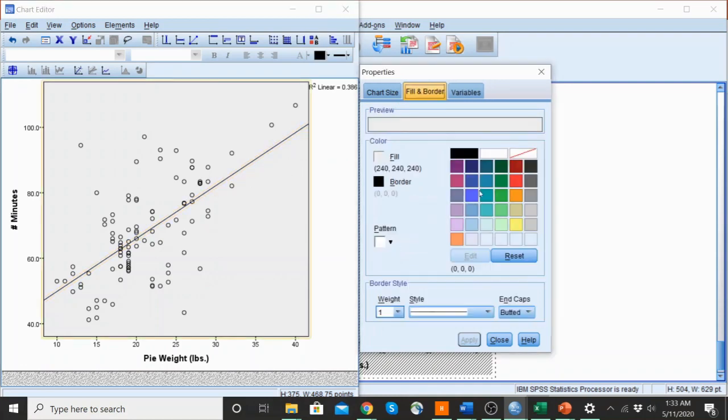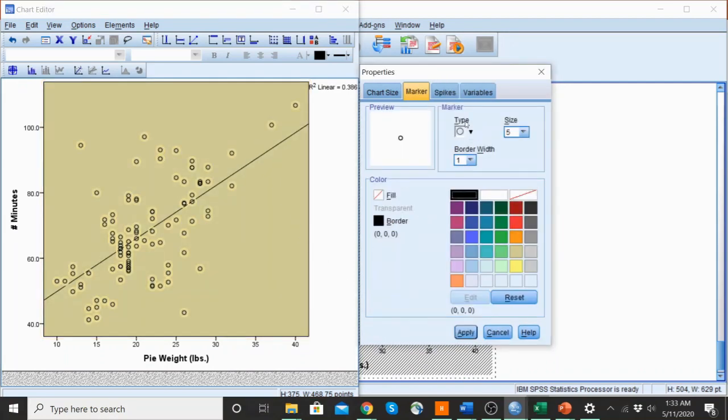And again, if we wanted to, we could make this a nice color. I think I chose that one last time. We can change our little points to little diamonds.